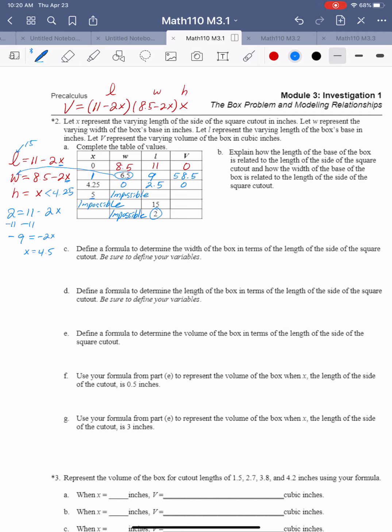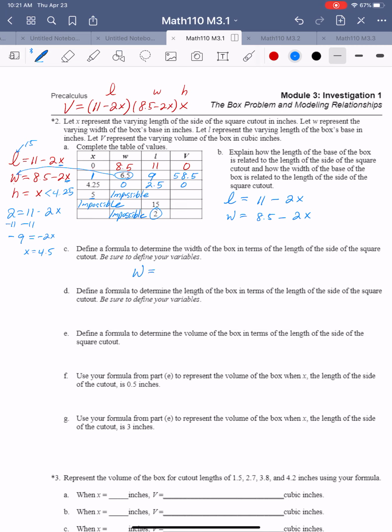So the length of the base is always 11 inches minus 2 times the length of the side of the cutout. And the width is always 8.5 minus 2 times the cutout. So C, define the formula to determine the width of the box in terms of the length of the side of the square cutout, which I already did.